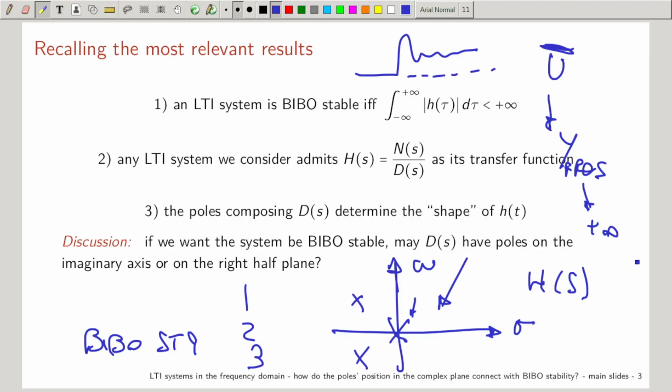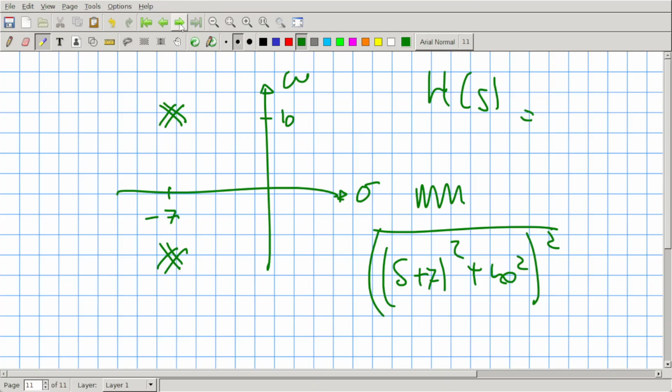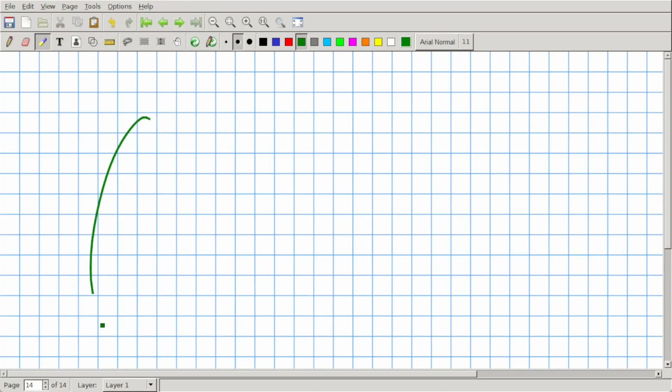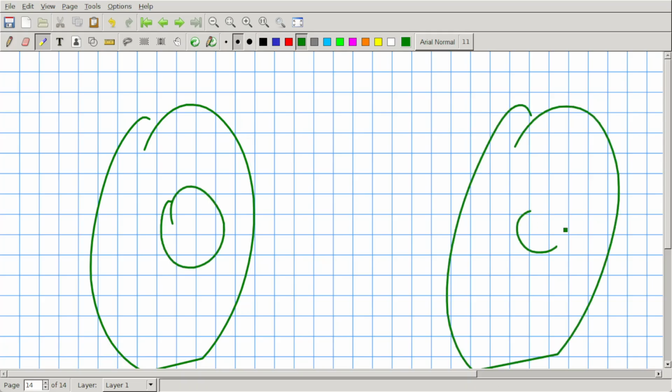Is the question clear, people? If the system is not BIBO stable, it means that there must exist a u, at least one u, such that I get an unbounded y.